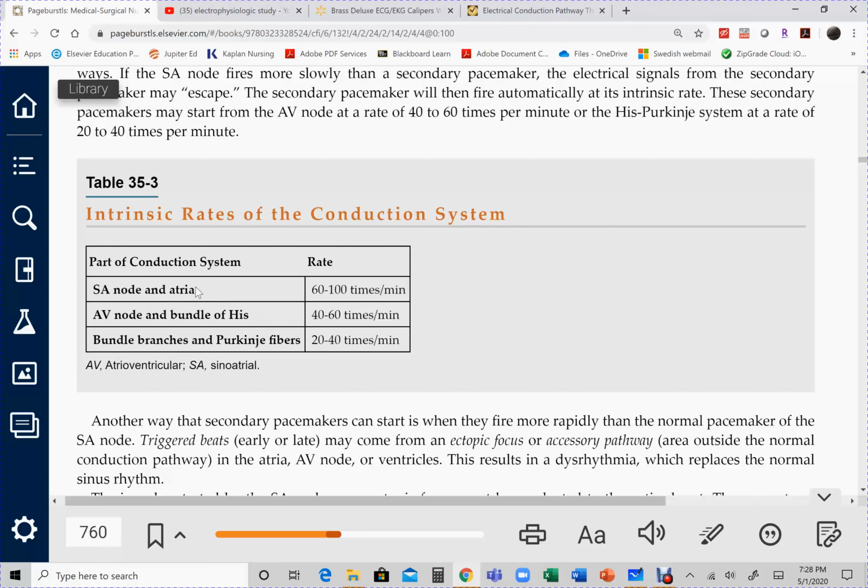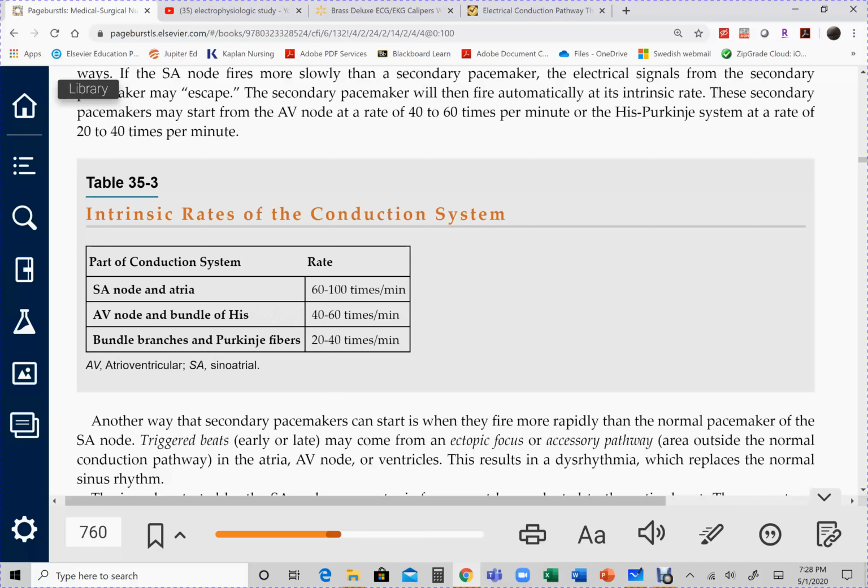Meaning, if for some reason the SA node signal does not reach the AV node, the reasons for that, by the way, in heart blocks, we don't know what went wrong with the pathway. Why did the electrical impulse not reach the AV node?